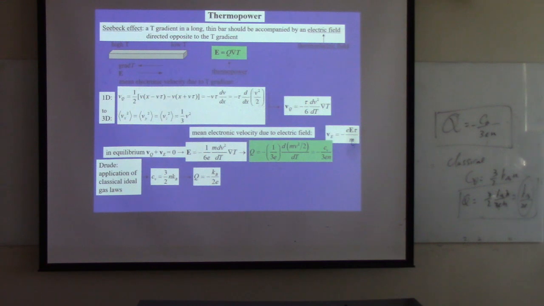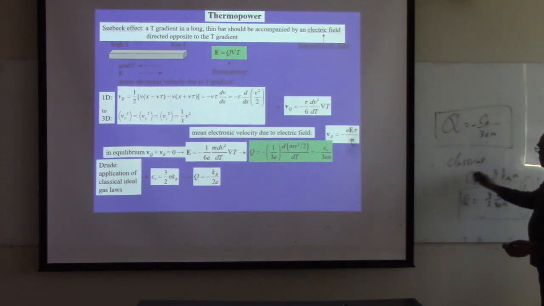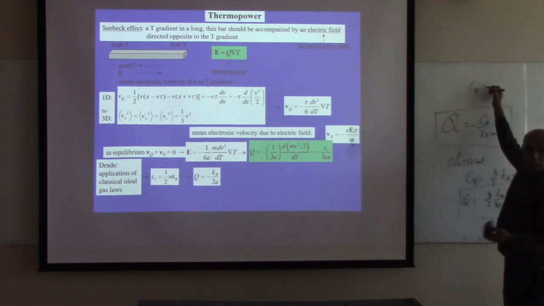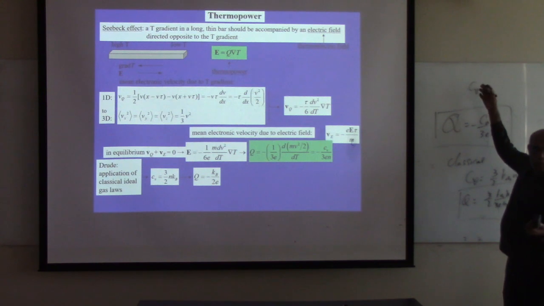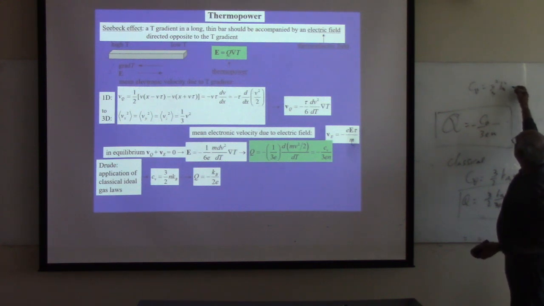But if you remember in the quantum case, what was CV value? CV was that you had pi squared over 3, then it is kB squared, all these, and n, something like this.